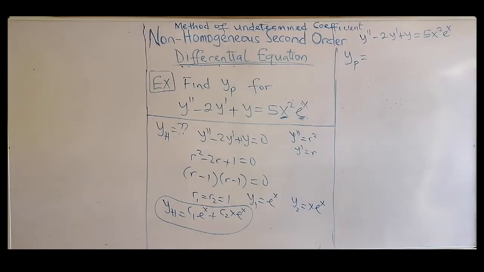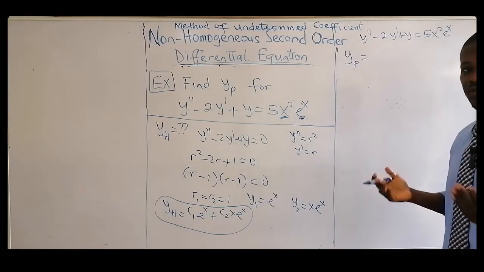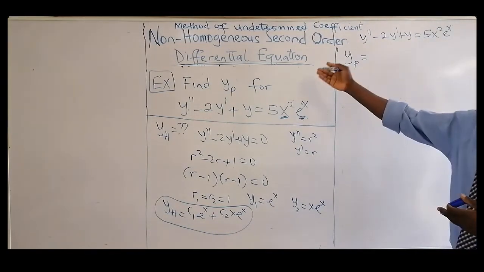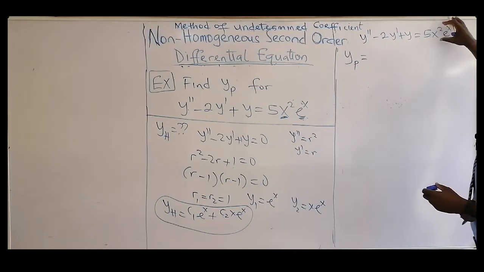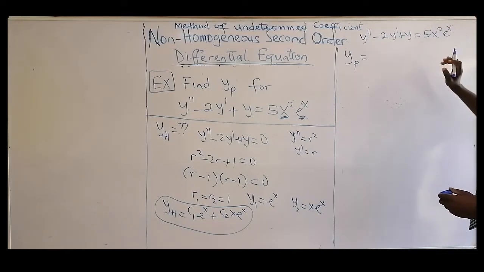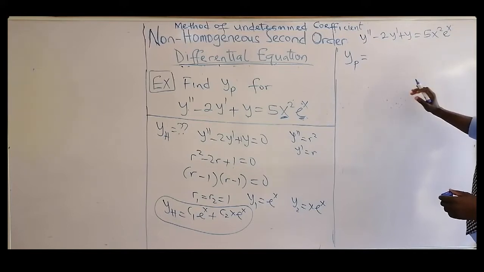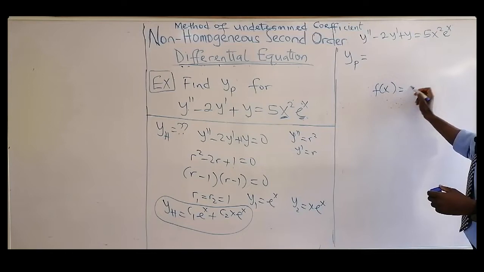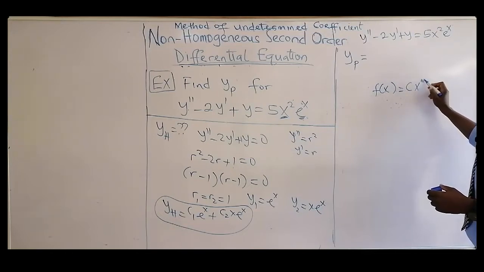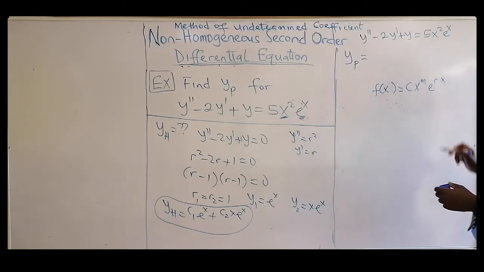We've already explained that in one of our videos on the rules for undetermined coefficients, one of the first videos on non-homogeneous second order differential equations. So without wasting time, if you check rule number 3, we say that if your f of x is equal to c x^m e^(rx).